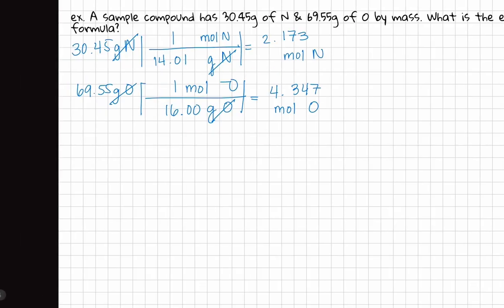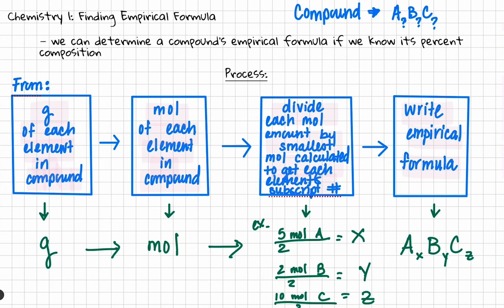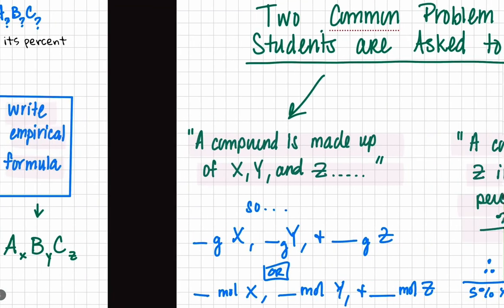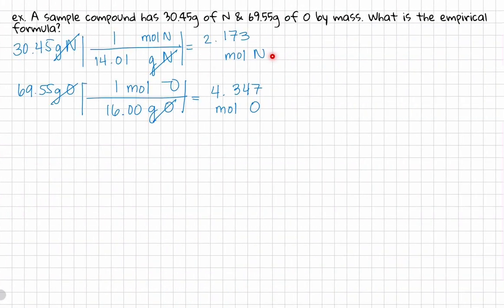Mole and mole. We go back to our scheme. Once we're at mole, we've got to divide each mole amount by the smallest mole amount calculated to get each element's subscript. The smallest one here is 2.173. So we're going to take both of them. I'm going to put nitrogen here, and I'll put oxygen here.